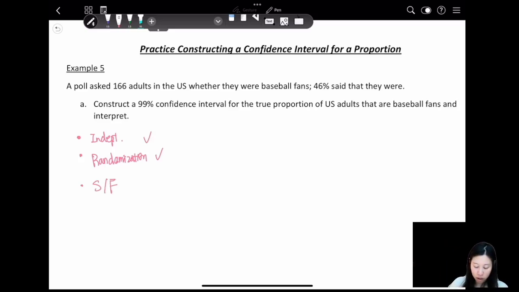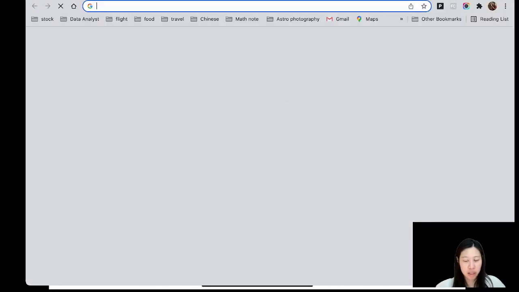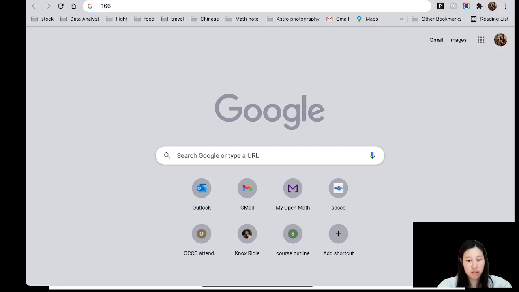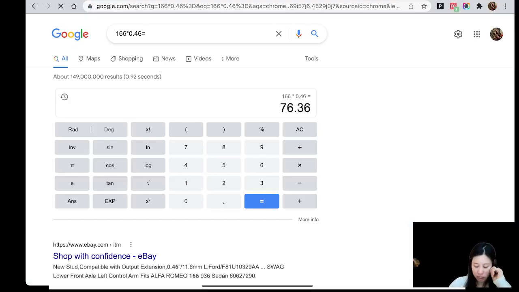The sample size is 166, and the proportion is 46%, because 46% of the adults surveyed say they are baseball fans. So np equals 166 times 46%. Let's use a Google calculator. 166 times 0.46 equals 76.36.